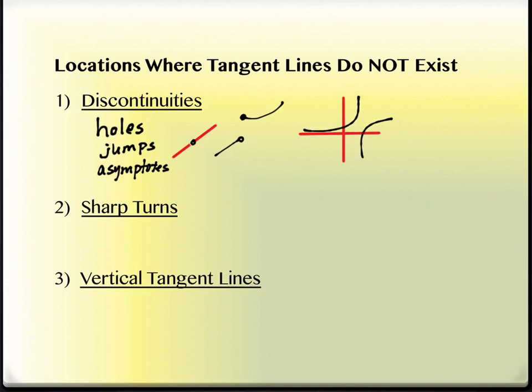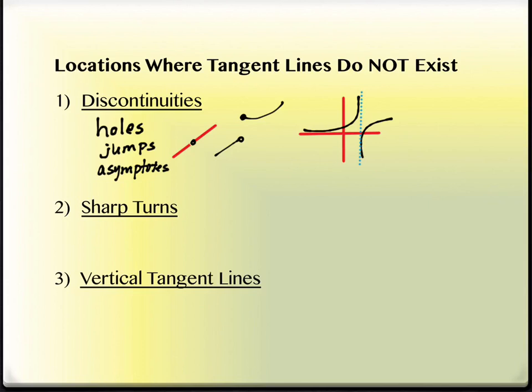So right here in the middle, like that, you have an asymptote. Okay, so discontinuities. Those we might have expected because we've talked about those a lot, actually, when we did continuity in section 1.5.